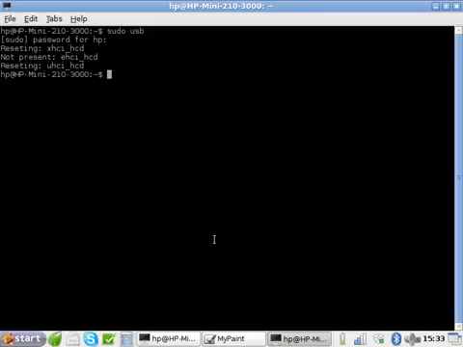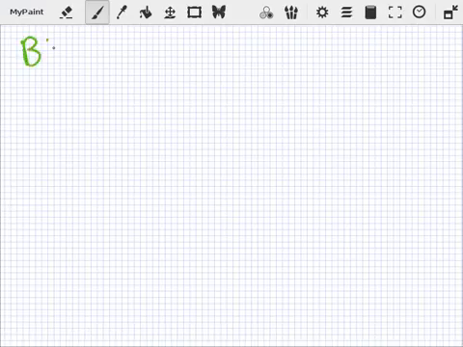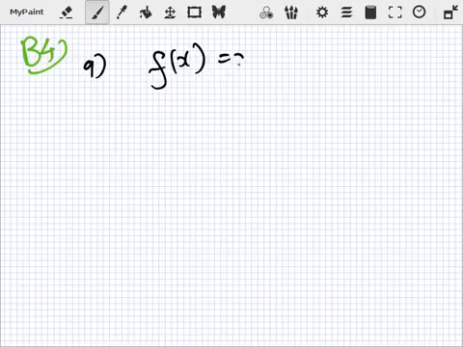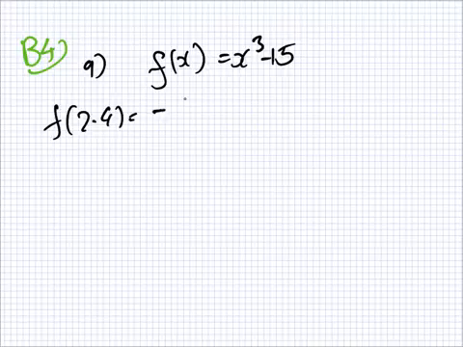Right, let's have a look here. B4. What have we got in part A? Show that there's a root. X cubed minus 15. Right, 2.4 cubed minus 15. So f of 2.4 is equal to minus 147 over 125.